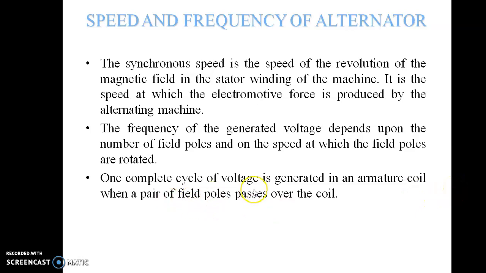When one field pole passes, a positive half cycle is produced. When another field pole passes, a negative half cycle is produced. As a result, after a pair of field poles passes, we can see a complete sine wave.